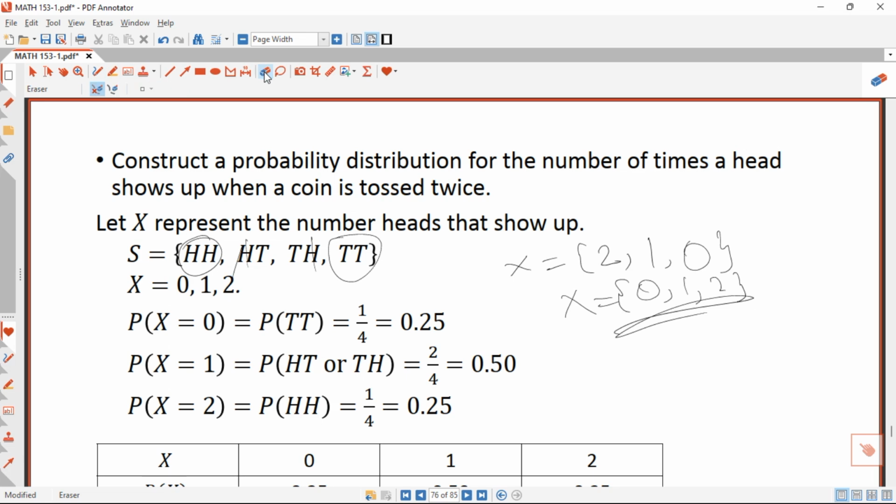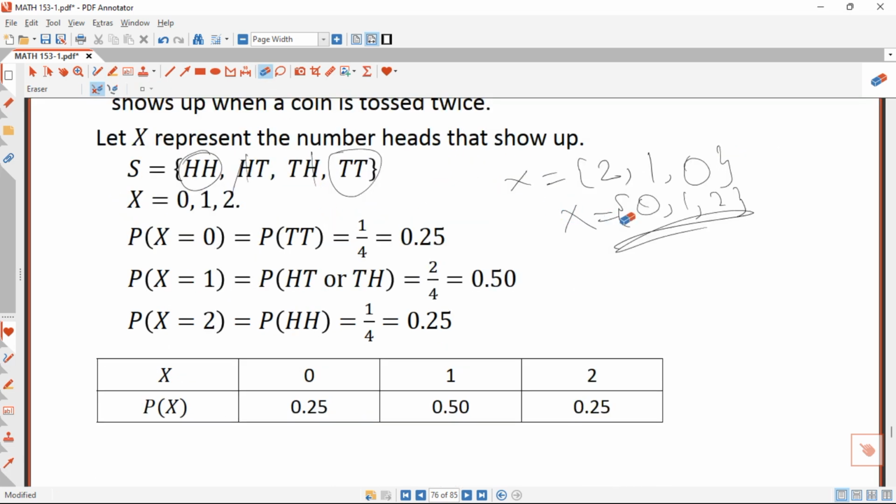And then since it's a probability distribution, right now I have a random variable that is 0, 1, 2. So here I'll just write them: our x will be 0, 1, 2, and then I have to calculate my probability. What's the probability that our x is equal to 0?